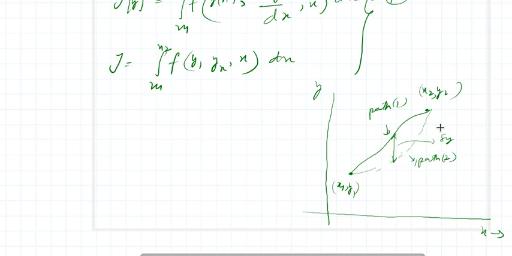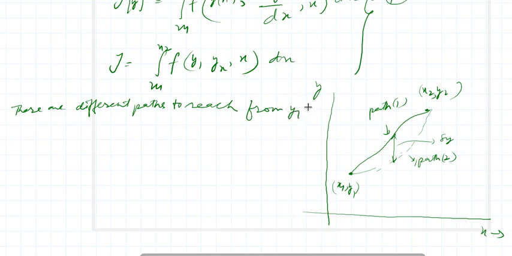So which path should the particle adopt? Let us try to understand it. So there are different paths to reach from y1 to y2, and we have shown here two paths in this diagram, and mathematically let us describe this situation, right?